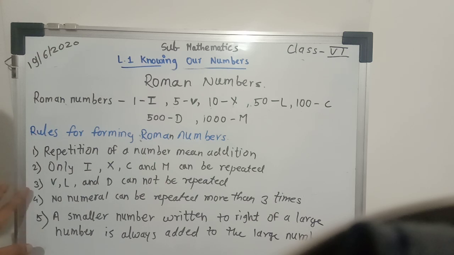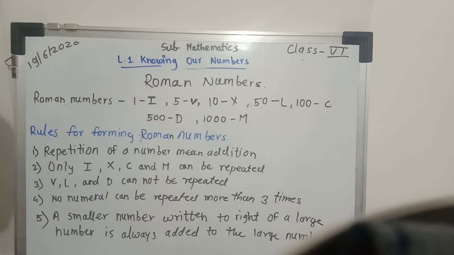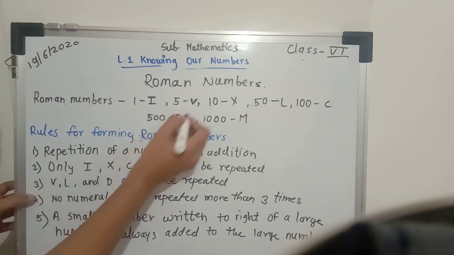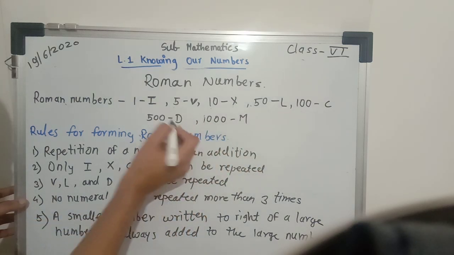Now the third rule of the Roman numbers is that capital V, capital L and capital D cannot be repeated. When you are forming the number, you are not supposed to repeat these Roman numbers. Capital V stands for 5, L means 50 and D means 500.